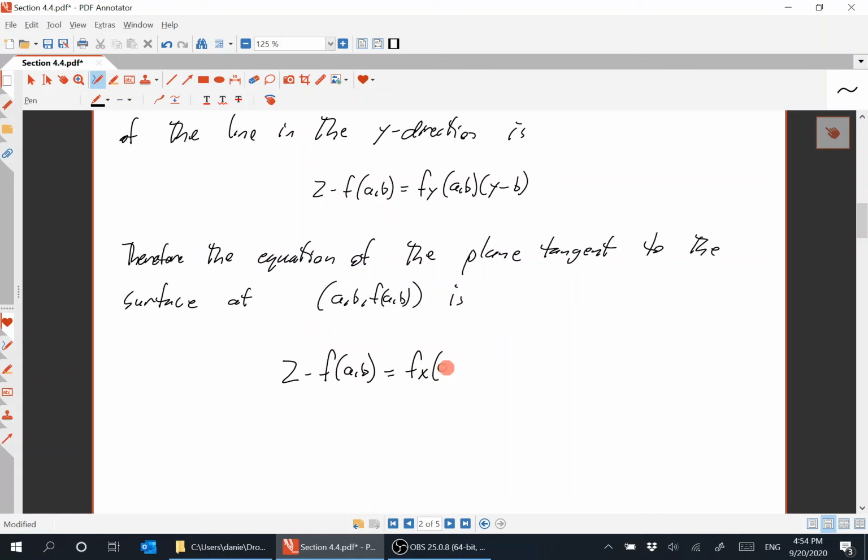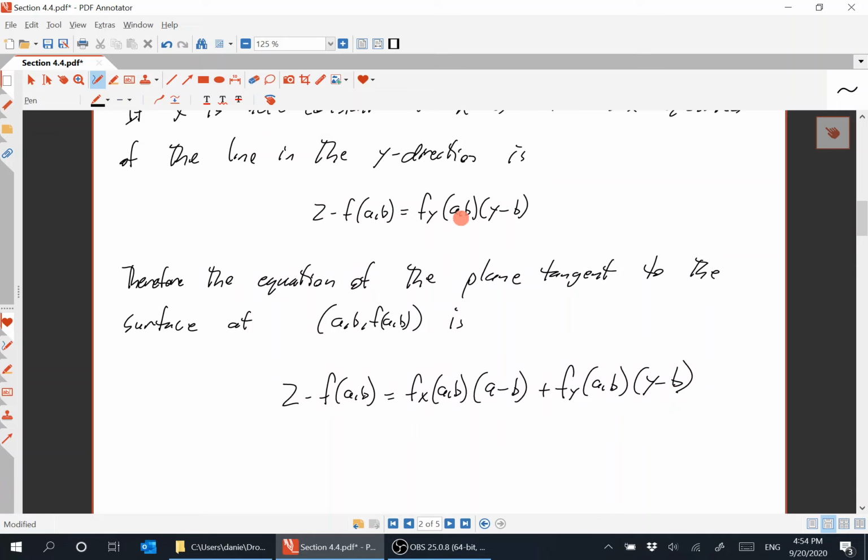So z minus f of a, b equals f sub x at a, b times x minus a, plus the partial derivative with respect to y at a, b times y minus b. Right? Because in this equation, x is held constant to be x equal to a, so this becomes 0. And then you get that equation.